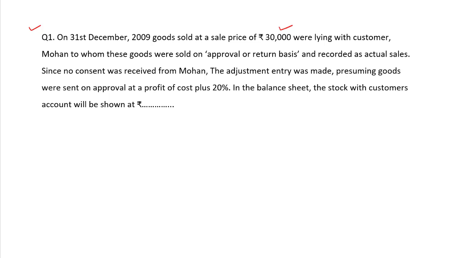Since no consent was received from Mohan, the adjustment entry was made, presuming goods were sent on approval basis at a profit of cost plus 20%. In the balance sheet, the stock with customer's account will be shown at what figure?